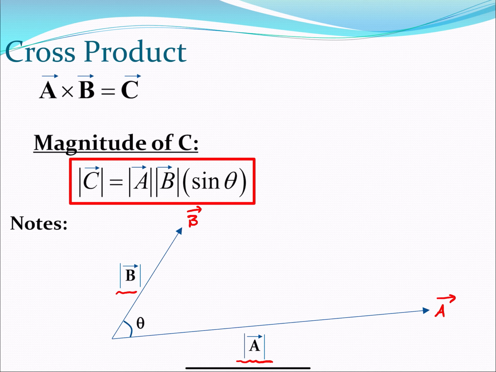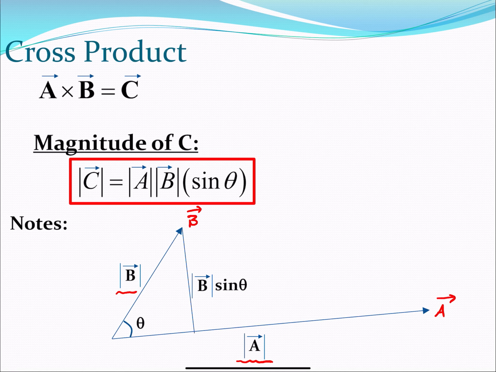And then just by applying simple trigonometry, this distance over here is going to be the magnitude of B sine of theta.